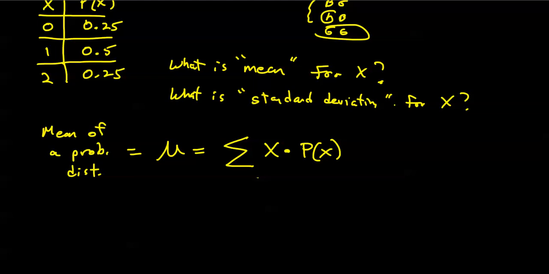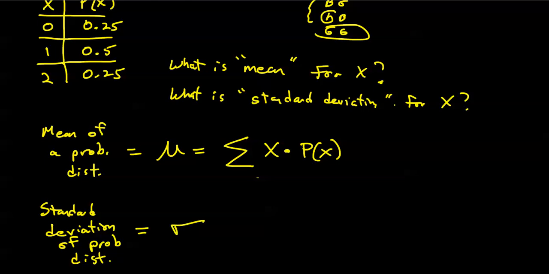How about the standard deviation of a probability distribution? Again, I label it with the same label as a population SD, sigma. Now hang on, this formula is a little more difficult. I square each data value. I weight that squared value by the probability, or multiply it by its associated probability.